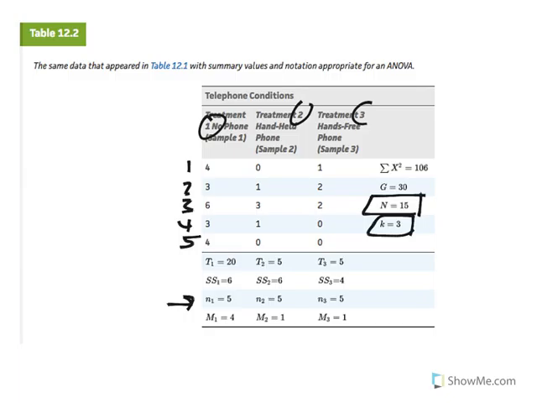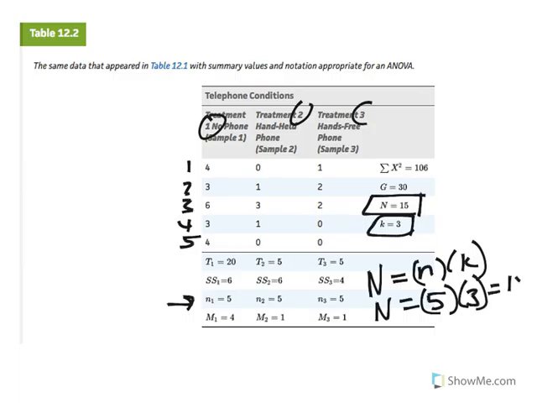In this case, all our sample sizes are equal, so we could say capital N is equal to lowercase n multiplied by K, which equals 5 times 3, and that's where we get the 15. But if they weren't equal, we would just take the sum of these 3 values, the sum of how many scores we have across conditions.